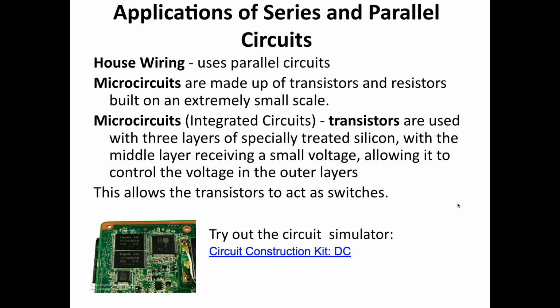So some of the applications of series and parallel circuits, we have house wiring, which will use parallel circuits. Because of course, if we're adding additional lights or adding additional appliances, we don't really want to see a decrease in the amount of current going to those items.